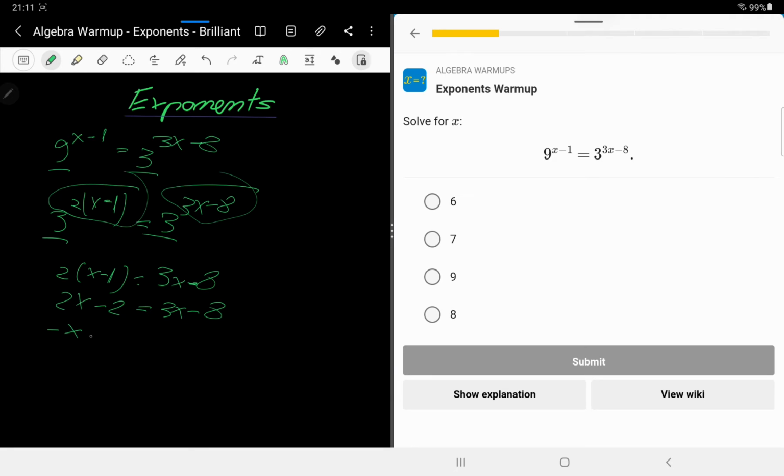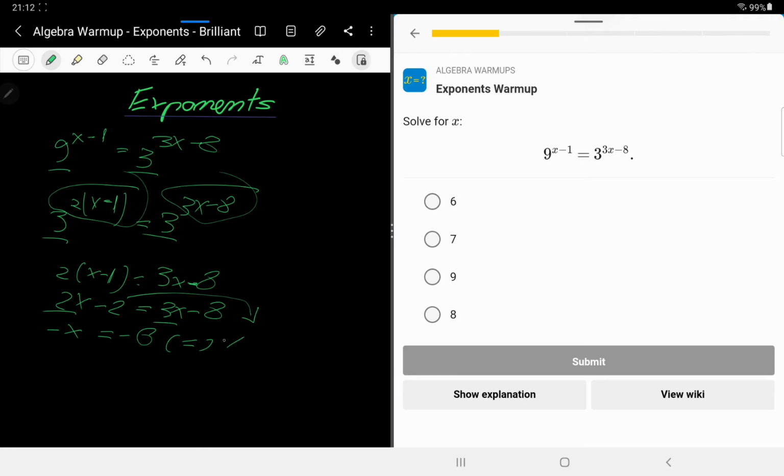Then minus x equals, so we have 2x minus 3x, which is minus x. Minus x equals minus 8 plus 2. So this one goes here with the opposite sign. Minus 8 plus 2 equals minus 6.